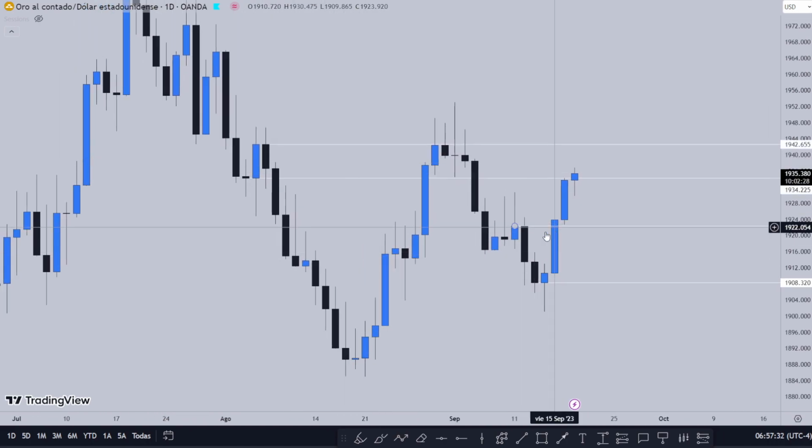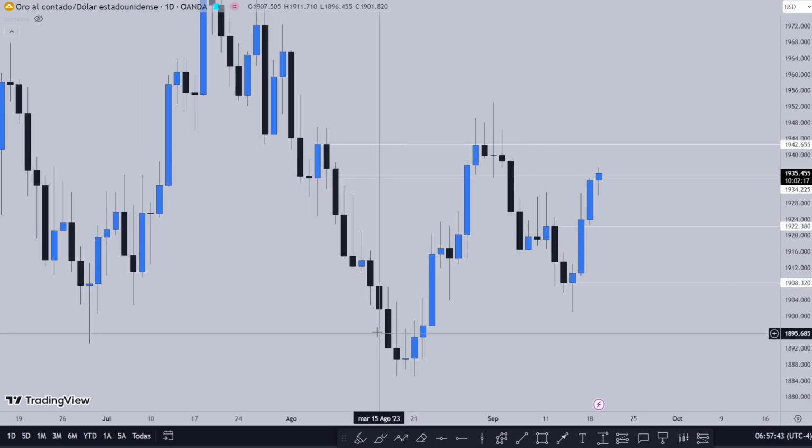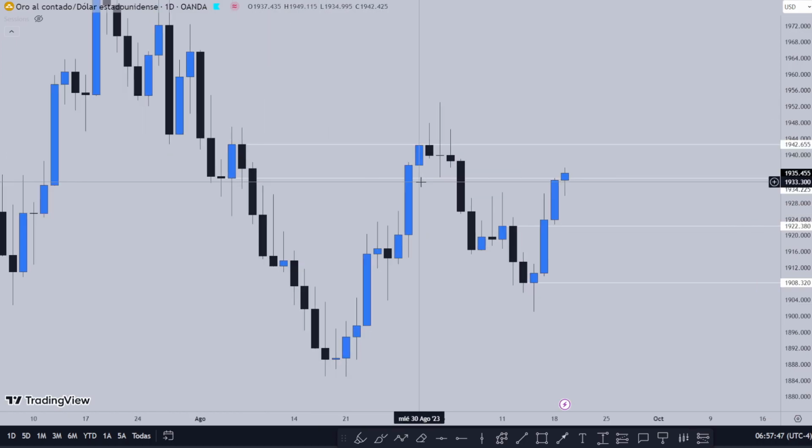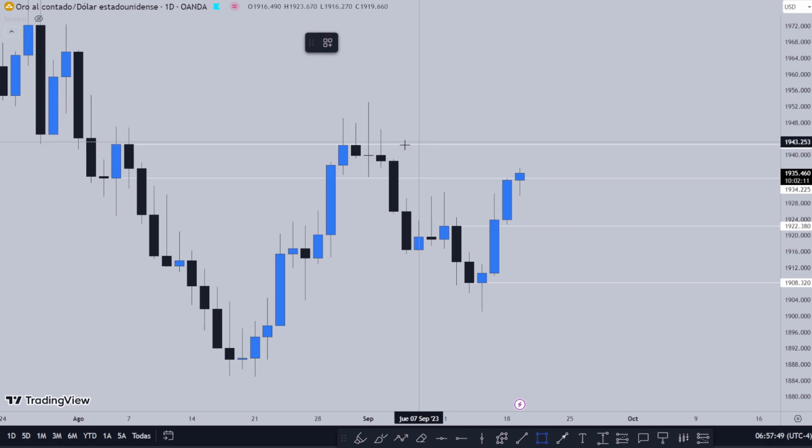Why? The same principle, something pushed price to go to the downside. Okay, we have a huge momentum here, and what happened after that is price, not a single candlestick closed above this resistance right here.